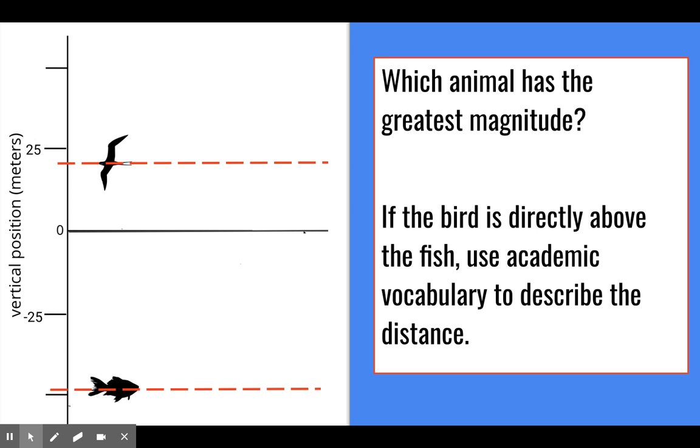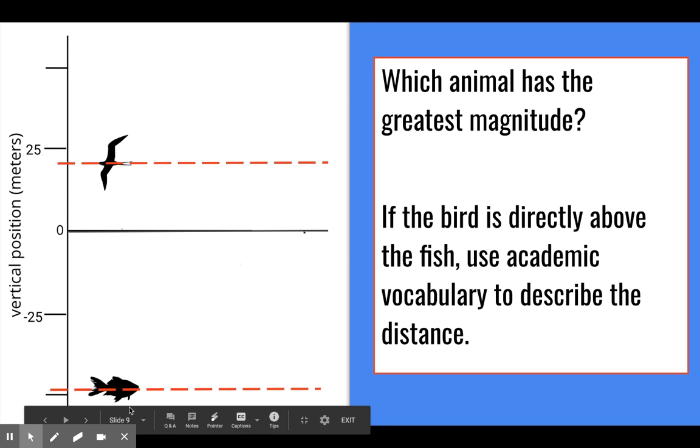Well, we know the distance between the bird and the fish is going to be 71 meters because yesterday we talked about the absolute value. So the absolute value of negative 48 is 48 away from 0. So that was where the fish was.